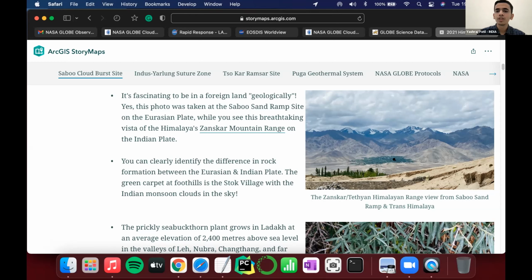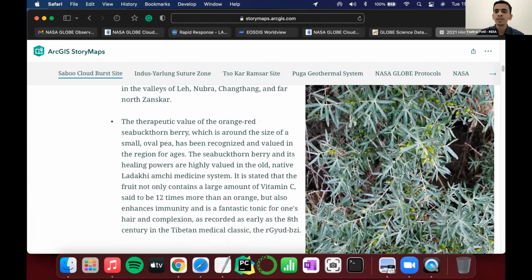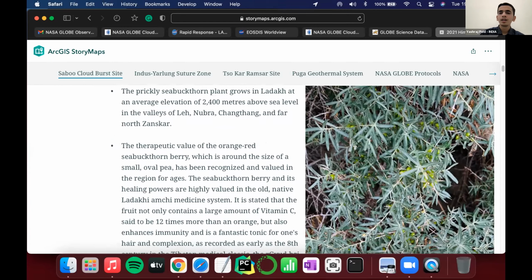And this is the Stok village. You can see some tree formation, some greenery in specific local regions, the specific residential regions, for their livelihood. And these are the Leh berries. I must add, these are only found in the high altitude cold desert region.